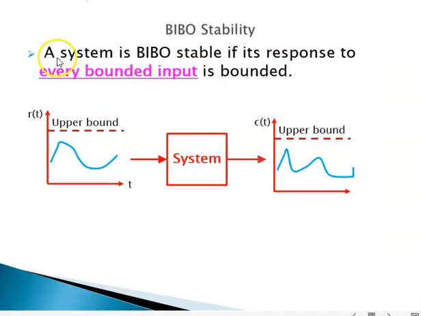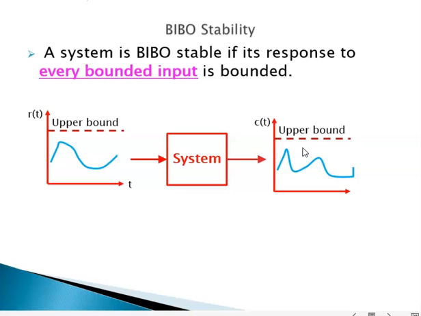With this notion, we say that a system is bounded input, bounded output stable if the response of the system to every bounded input is also bounded. Every is a keyword here. Even if there are 1000 inputs which give bounded output, that is not sufficient.